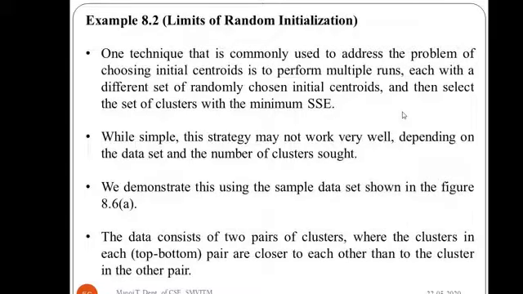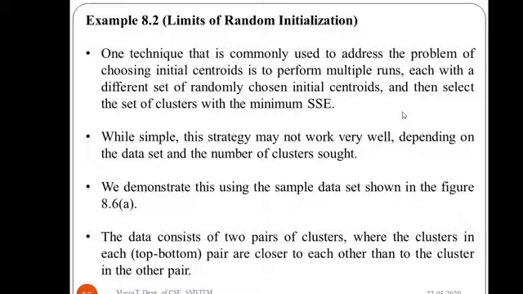So let us see the limitations of random initialization. One technique that is commonly used to address the problem of choosing the initial centroids is to perform multiple runs, each with a different set of randomly chosen initial centroids, then select the set of clusters with the minimum SSE.